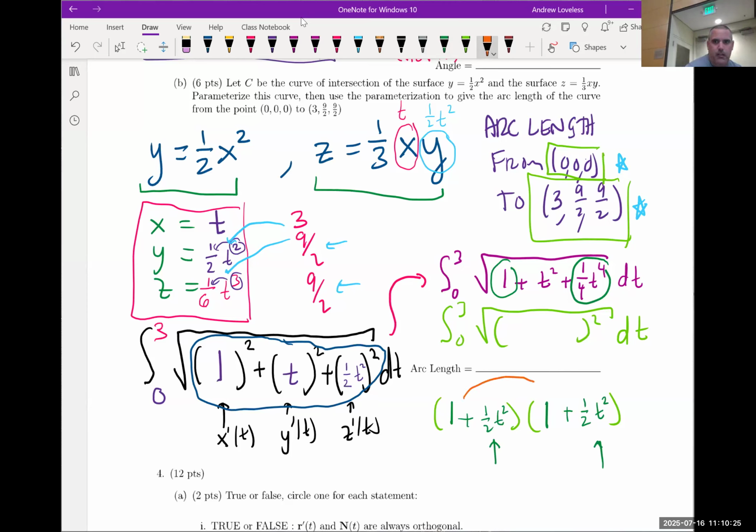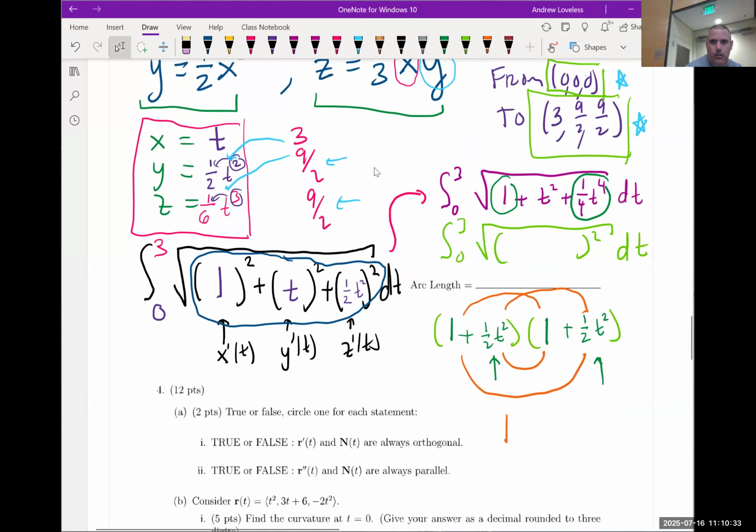We're going to monkey face it out. There's the eyebrow, nose, mouth of the monkey face. And we get 1 plus 1/2 t squared plus 1/2 t squared plus 1/4 t to the 4th. Does that match up with what was under the radical? Yes. So that's what we get.